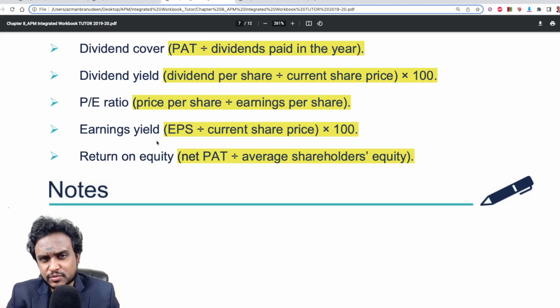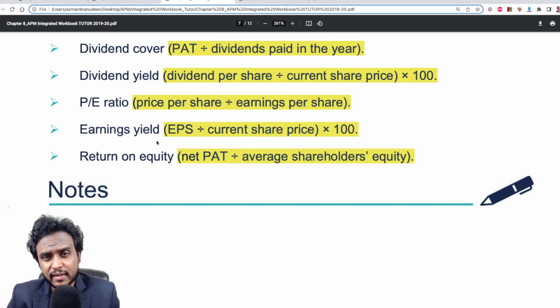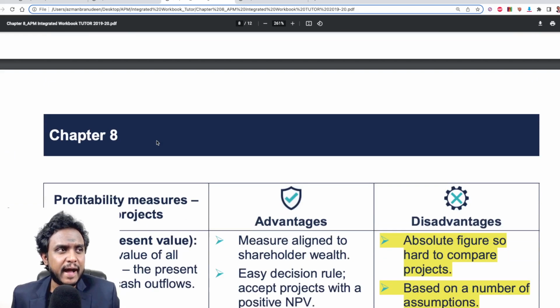You're supposed to review that situation and say, these are the things they're doing wrong, these are the ratios they shouldn't even be looking at, and these are the ratios they should be looking at, and this is how you can manage and improve performance. So that is the kind of critical angle that APM students are expected to have.